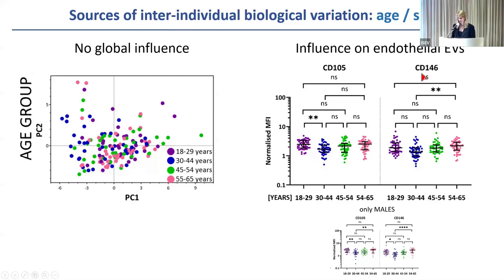And this was similar to CD146 expression levels. Again, we could see a significant difference between age groups. And this difference in expression was higher if we only focused on males. So the change between the groups was even more significant.